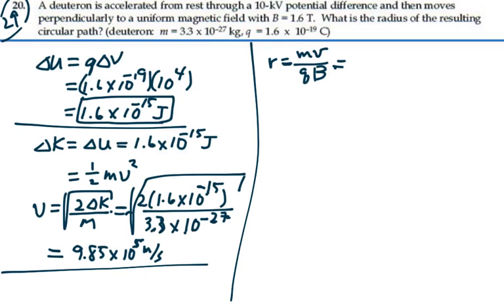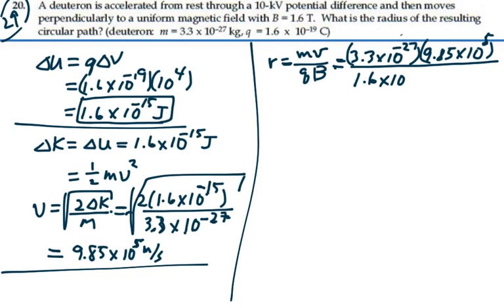And that's going to be equal to the mass, 3.3 times 10 to the minus 27, if I can get this right, times the velocity, 9.85 times 10 to the 5, which we just found, over the charge, same charge as a proton, 1.6 times 10 to the minus 19, times the magnetic field, which is 1.6.